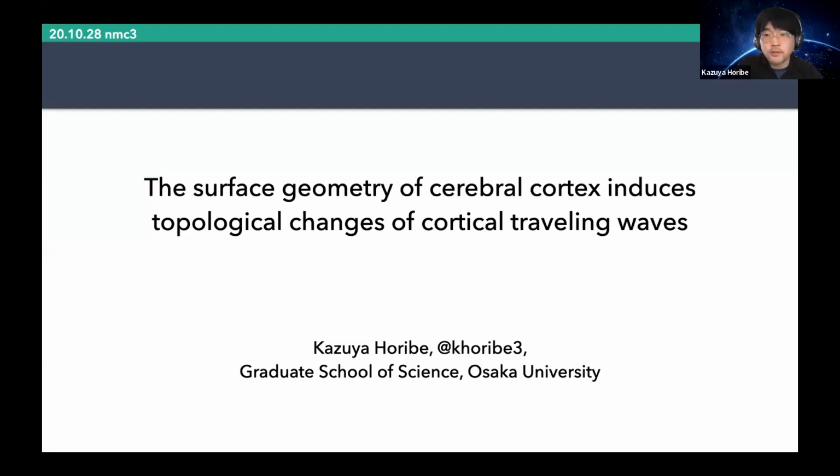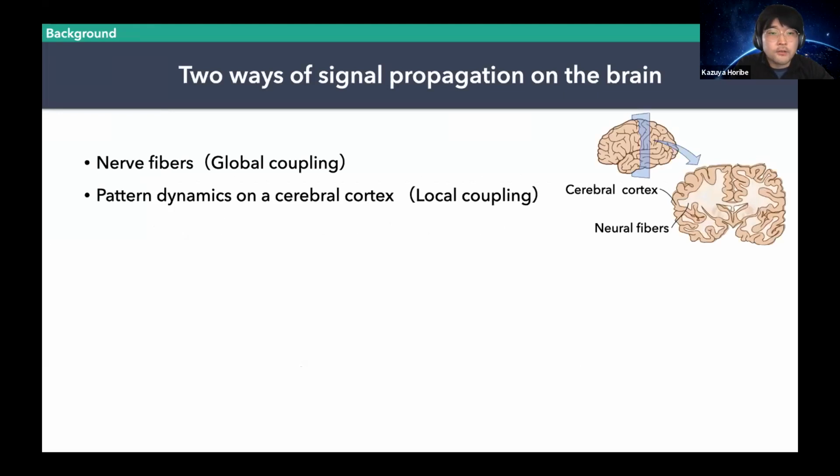So firstly, I will briefly explain my research about the numerical simulation of neural activity on the cerebral cortex. The background is that we have two ways of signal propagation in the brain. The first is nerve fibers. The second is the pattern dynamics on the cerebral cortex.